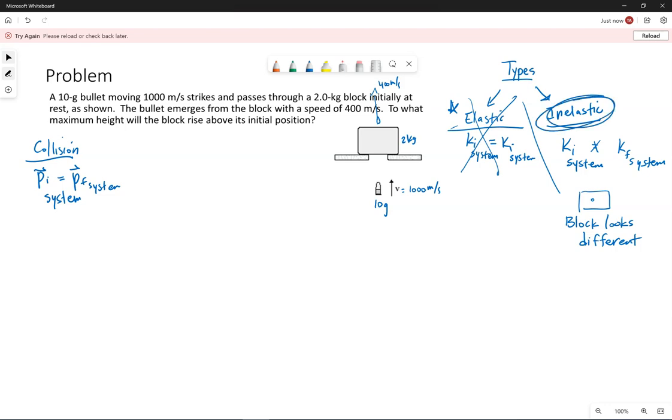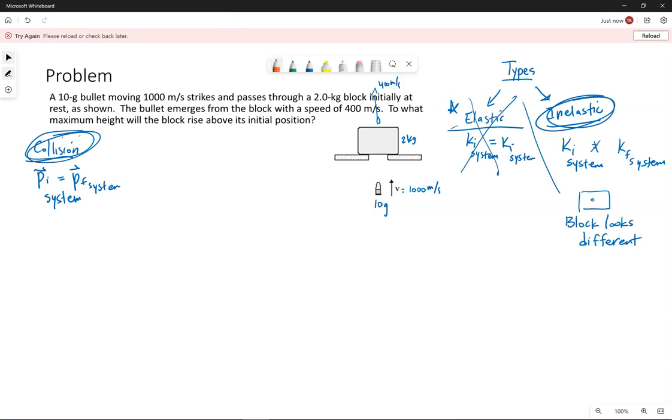That is why I know this is inelastic. Some of the kinetic energy had to turn into some thermal energy, and whatever energy was required to make that little hole in the block. So I cannot use conservation of energy alone to solve this problem. I must use momentum for the collision itself, and then I can use energy to look at what the block is doing after the collision.